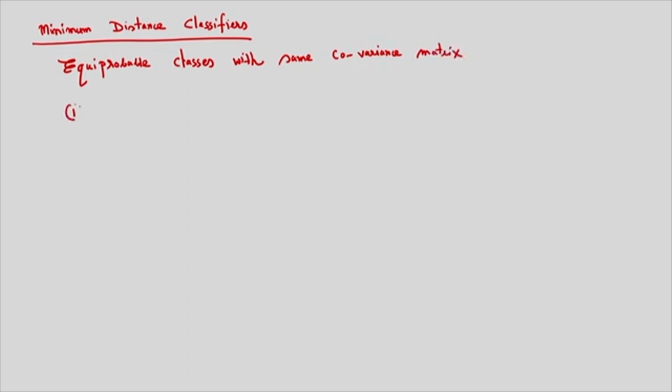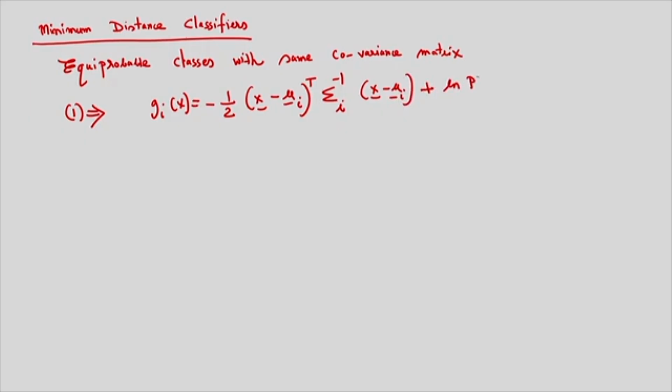In equation number 1, if you remember, what we determined was the expression for the discriminant function g_i(x) = 1/2 (x minus mu i) transpose, and so on.